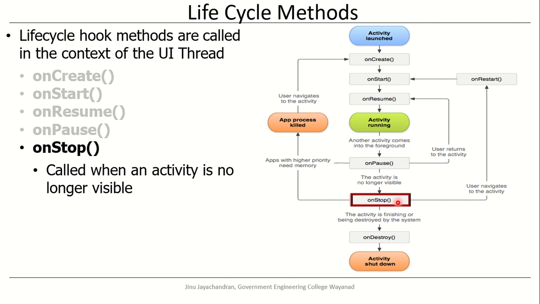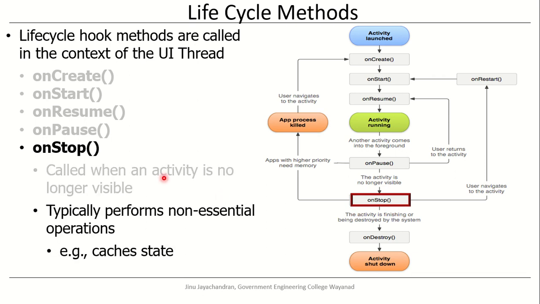The activity will move into the background, or when you click another application, the current application will go into the background and be in the stop state. During this time, the application will not be visible, and this is usually used to perform non-essential operations like caching state.